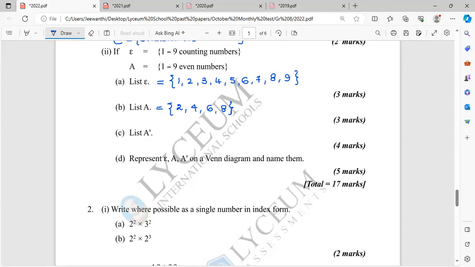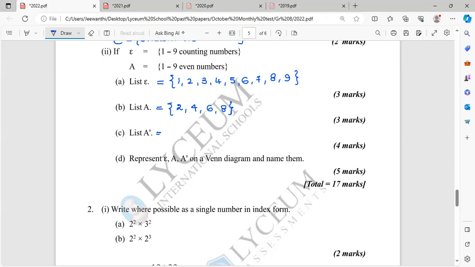So then the A complement or A dash. What does this mean, children? A dash is the members or the elements which are not in A. Now the universal set here is the counting numbers from 1 to 9, and the set A is the even numbers from 1 to 9: 2, 4, 6, 8. Right?